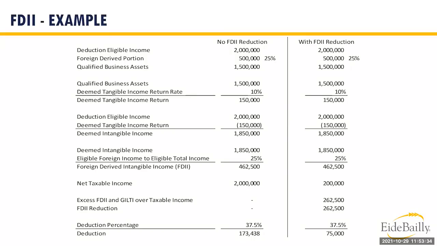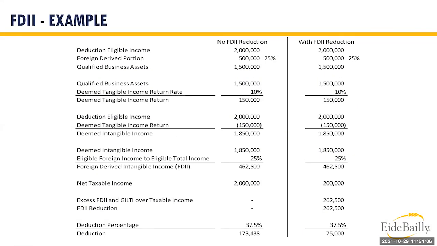At this point, we need to assess what our taxable income is. In the column on the left, the primary example, we have ample deduction eligible income, or in this case, taxable income of $2 million. Thereby, there's no haircut in the amount of deduction allowed. So we take 37.5% times our 462,500 to come up with our ultimate benefit.